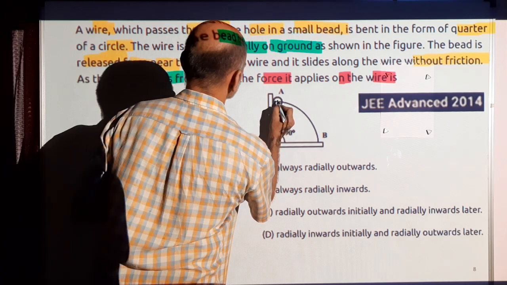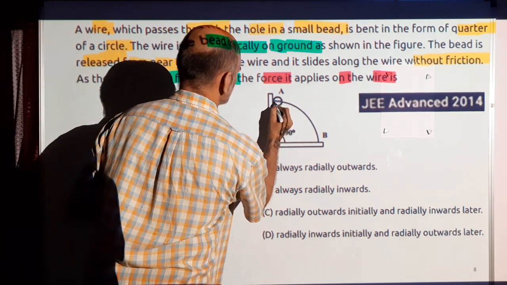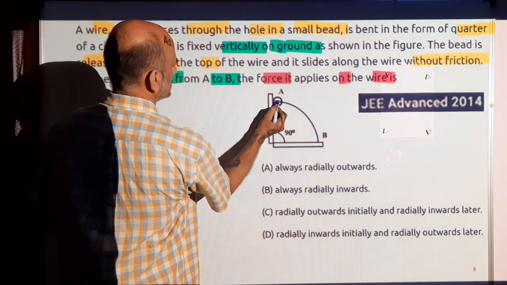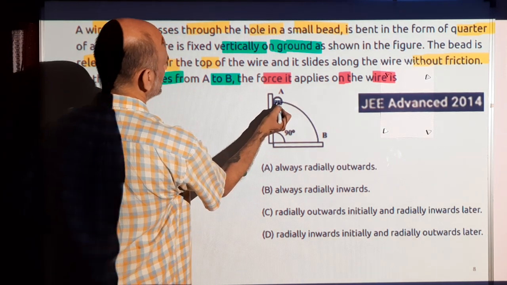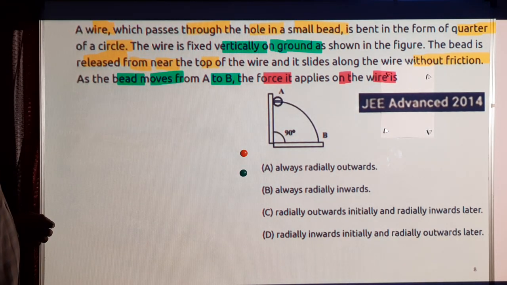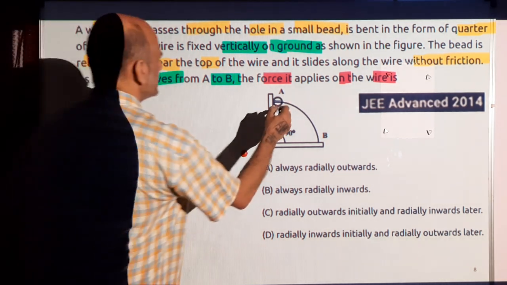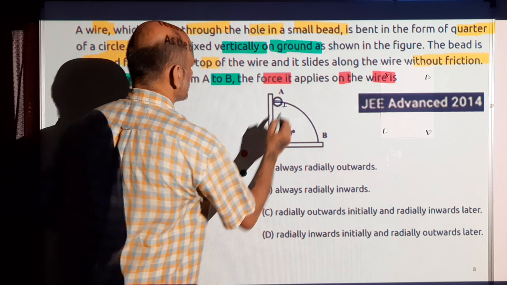So this bead here has a small hole. At the top point, the top of the hole will touch this wire, so the force on the wire will be downwards.